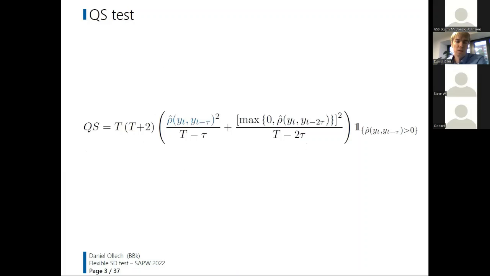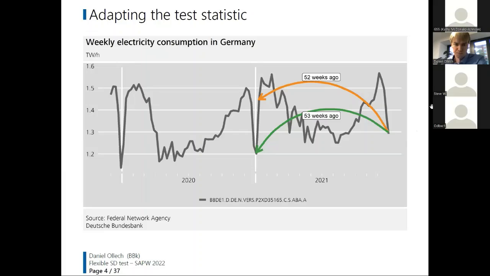So the QS test is basically a test on seasonal autocorrelation. The part that is interesting here is the autocorrelation part. In contrast to, say, a monthly series where we compute the autocorrelation for the observation today with what we had 12 months ago, for weeks the seasonal signal that we see today relates back to something that we saw 52 weeks ago and 53 weeks ago.